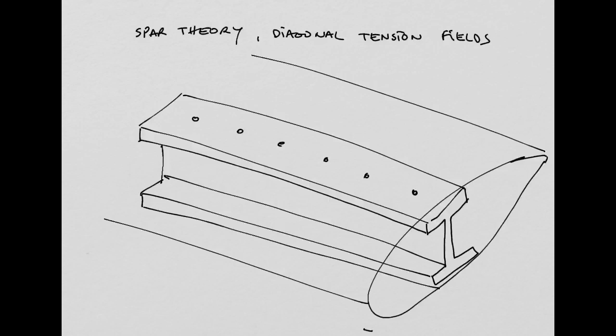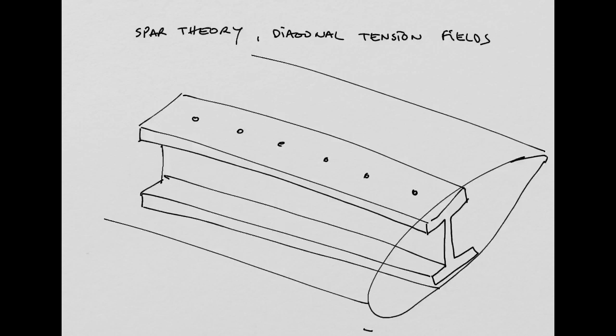So basically the skin is just to give the aerodynamic shape for generation of lift, but that lift is then transferred to this spar through stiffeners, posts, ribs. They transfer the load from the skin to the spar, and it is this big beam that is going to carry all of the load that you have on the wing.